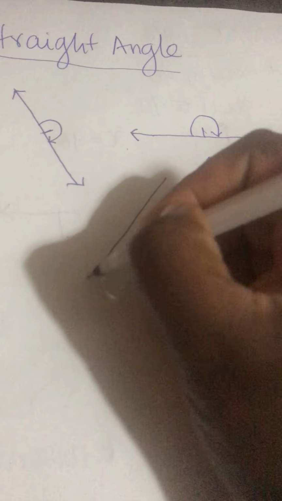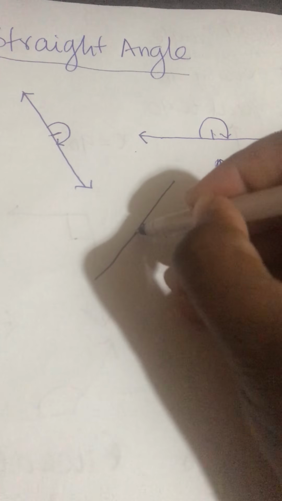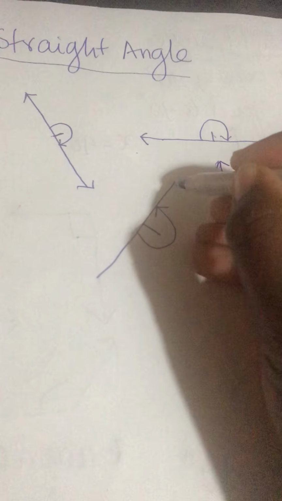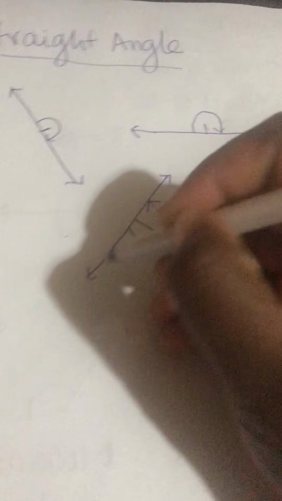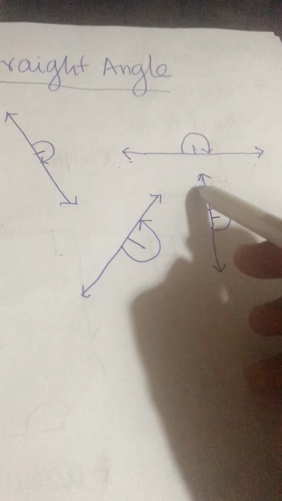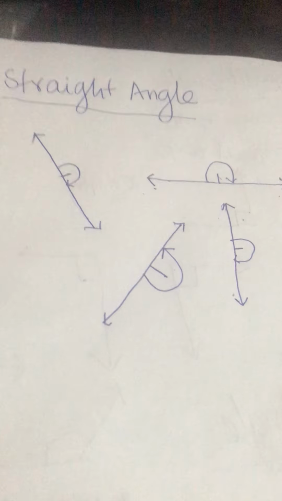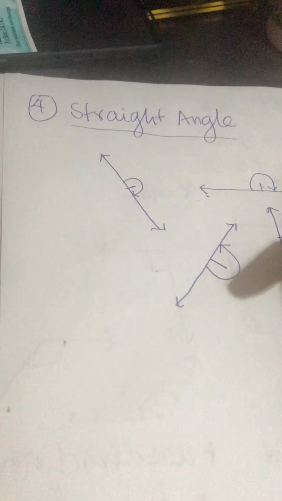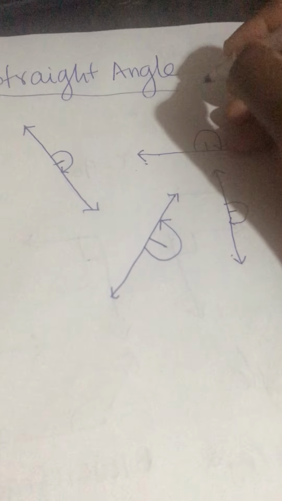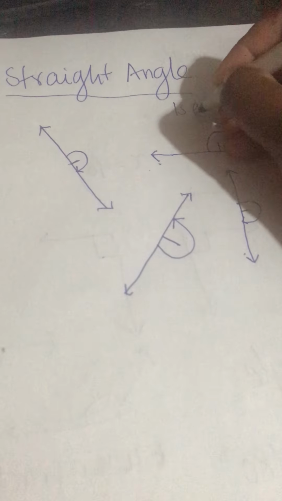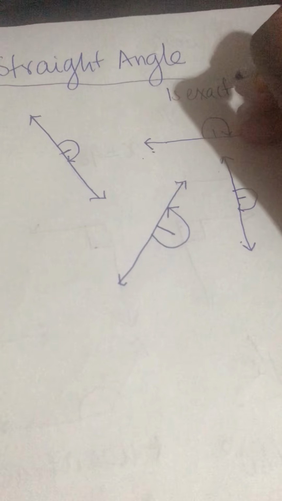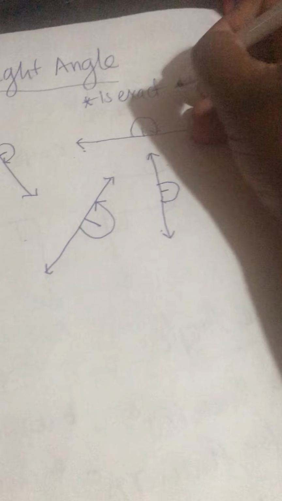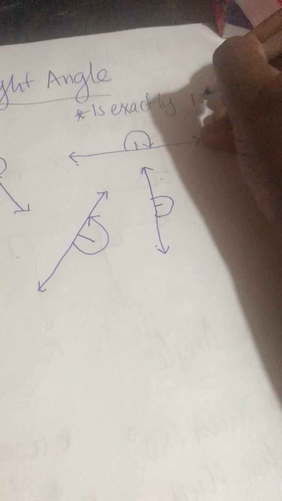It can be diagonal, as long as the line is straight, and please use a ruler to draw. So let's describe a straight angle. A straight angle is exactly 180 degrees.